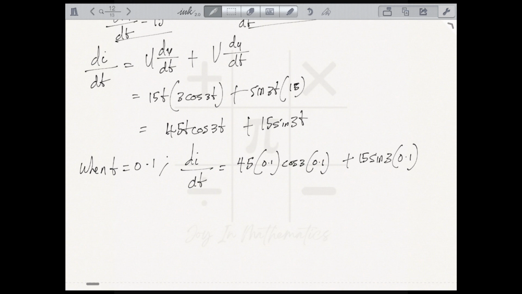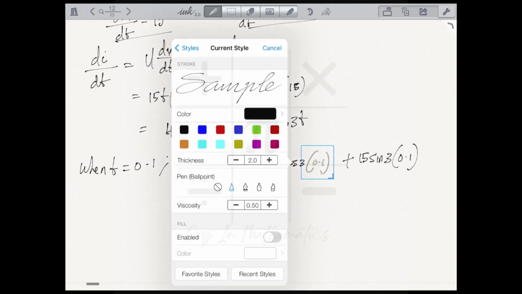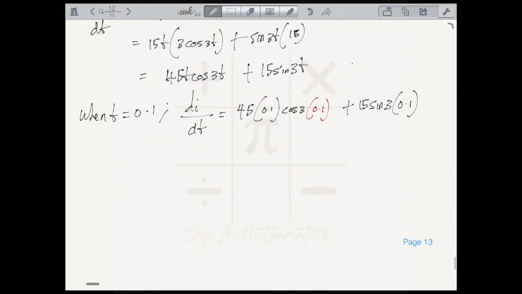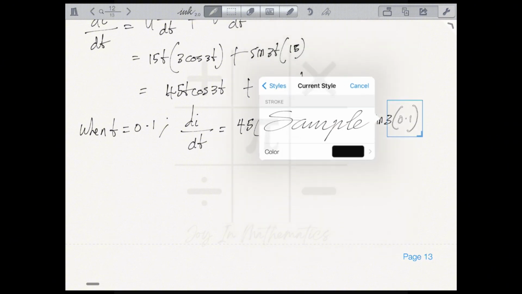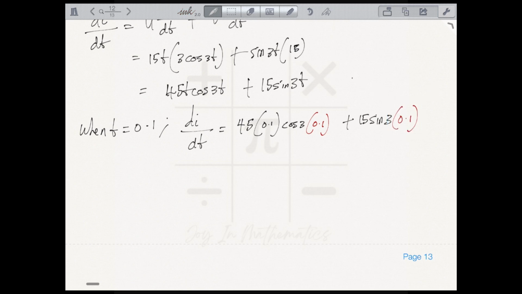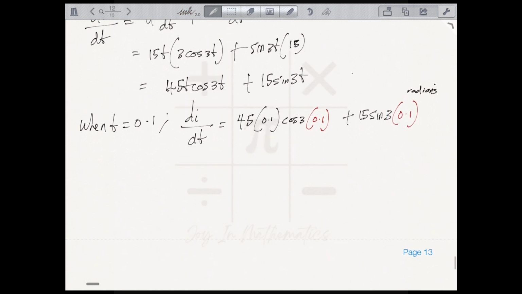We have to understand that this 0.1 here, and likewise the 0.1 here, are in radians. Very important. So when we solve this, we will have our answer, 8.732.